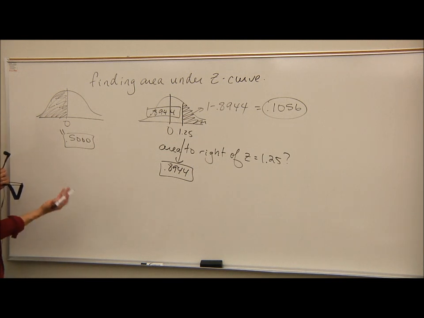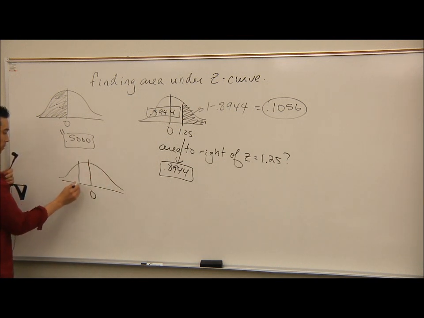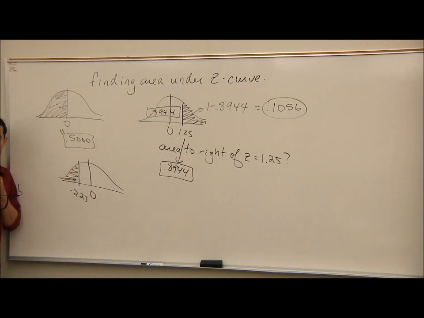Okay, now I'm going to start drawing pictures, and I'm going to have you go to the chart and figure it out. So let's say here's 0. Let's say z is negative 2.23, and I want the area to the left of negative 2.23. Okay? Figure that one out. Area to the left of negative 2.23. It doesn't get easier because I gave you area to the left, right?